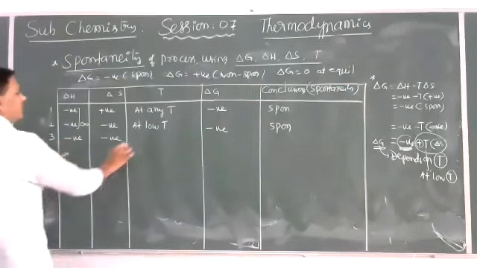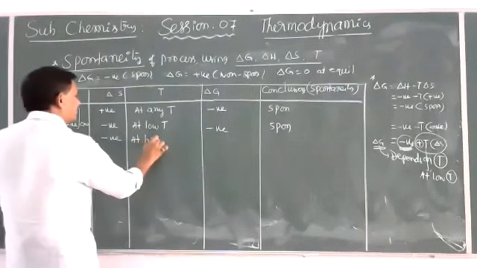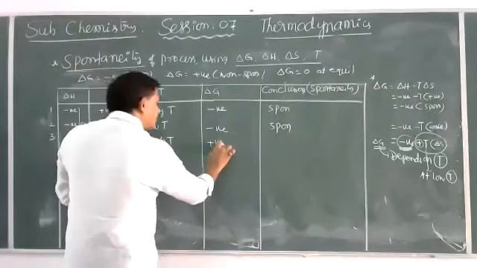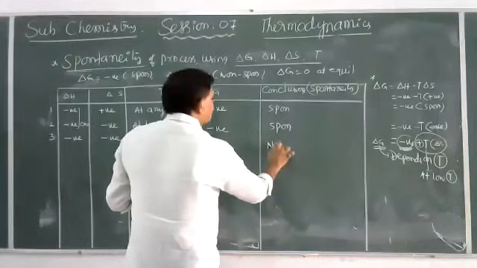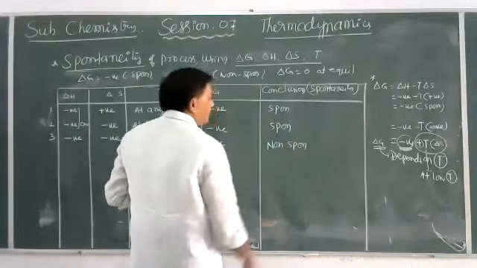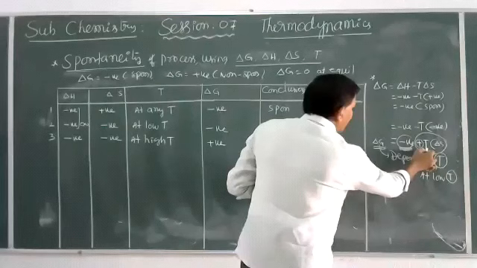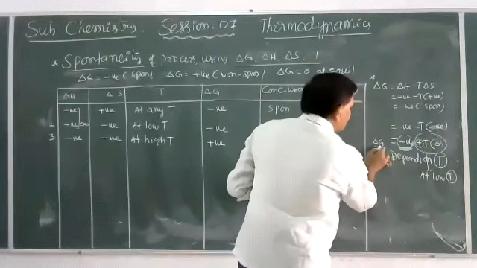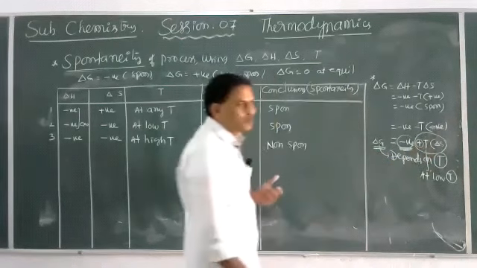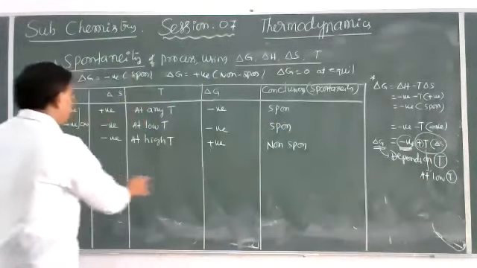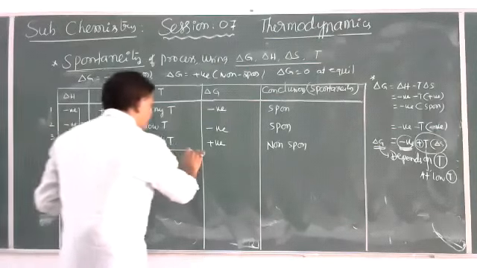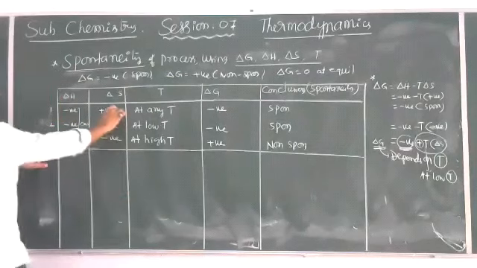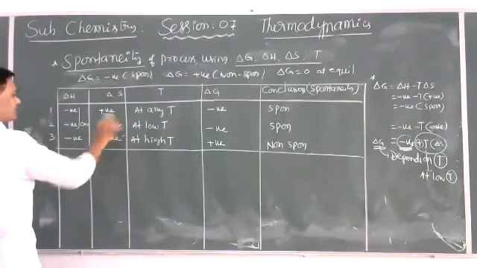Third case: at high temperature, this value is positive. This is non-spontaneous, because the temperature is high, the positive value increases compared to the negative value. Delta G becomes positive, that is non-spontaneous. That's why for an exothermic reaction, these three cases are there, one positive and another negative.